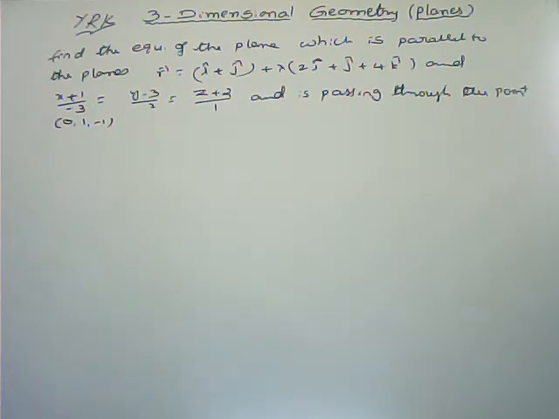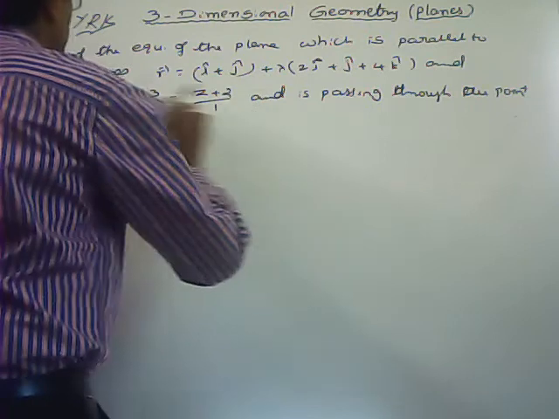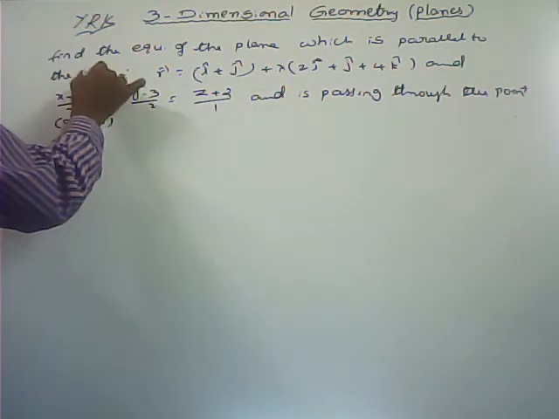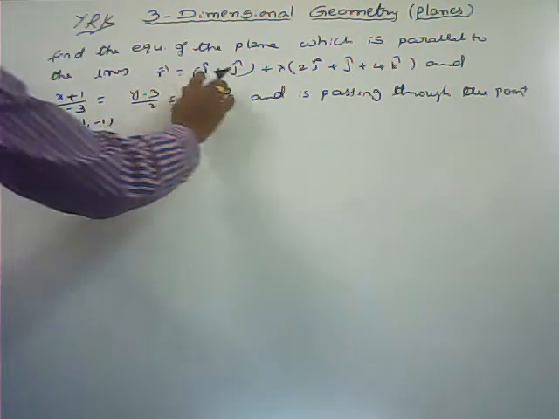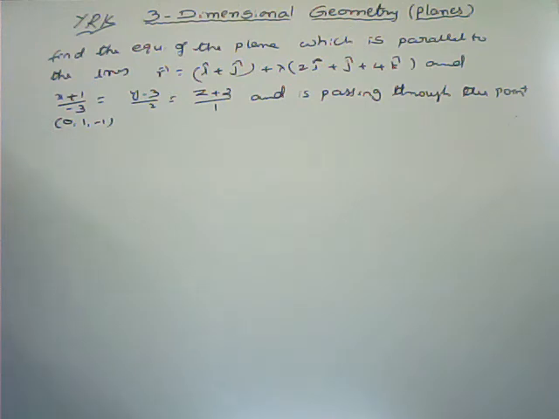Next: find the equation of the plane which is parallel to the given lines. I have written this wrongly earlier: these two are lines. The standard form of the equation of a line is r bar equals a bar plus lambda b bar, passing through this point in that vector direction.